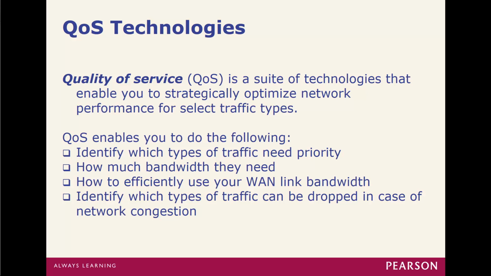Next, we have what's known as quality of service, or QoS. And this essentially allows us to place priority on traffic. Basically, it allows us to strategically optimize network performance for certain types of traffic. If we want to identify traffic that's important or that's going to need a higher priority, we can do that with QoS.